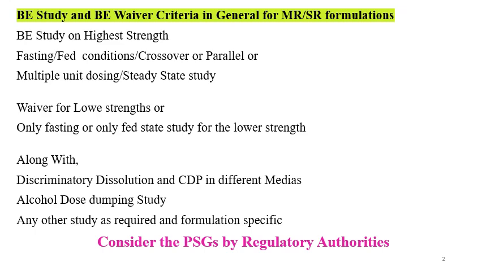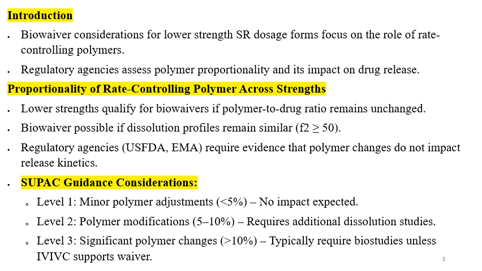Now, see the biowaiver considerations for SR formulations or modified release formulations, and the main focus is on the rate controlling polymers. Which type of polymers are used, and how much quantity is used in the formulation to control the drug release.